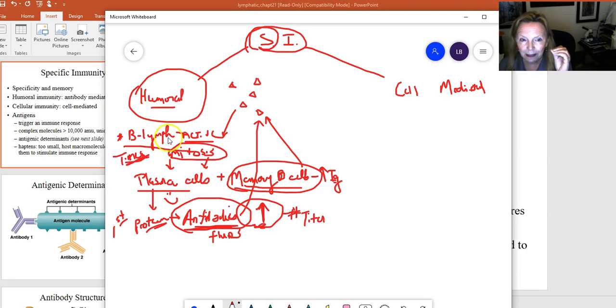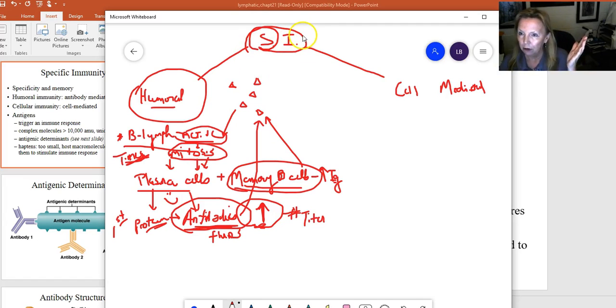They have the ability to become activated and undergo mitosis. The first time they're exposed, they become plasma cells that put out very specific antibodies. As soon as these protein numbers start to go up, the titers start to go up, they're attacking the foreign antigens, and your signs and symptoms of the disease are going away.